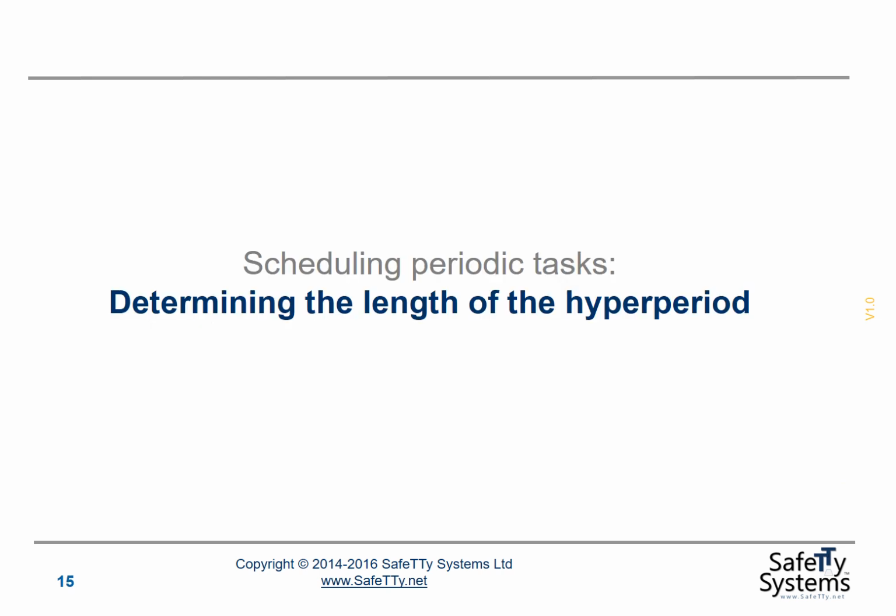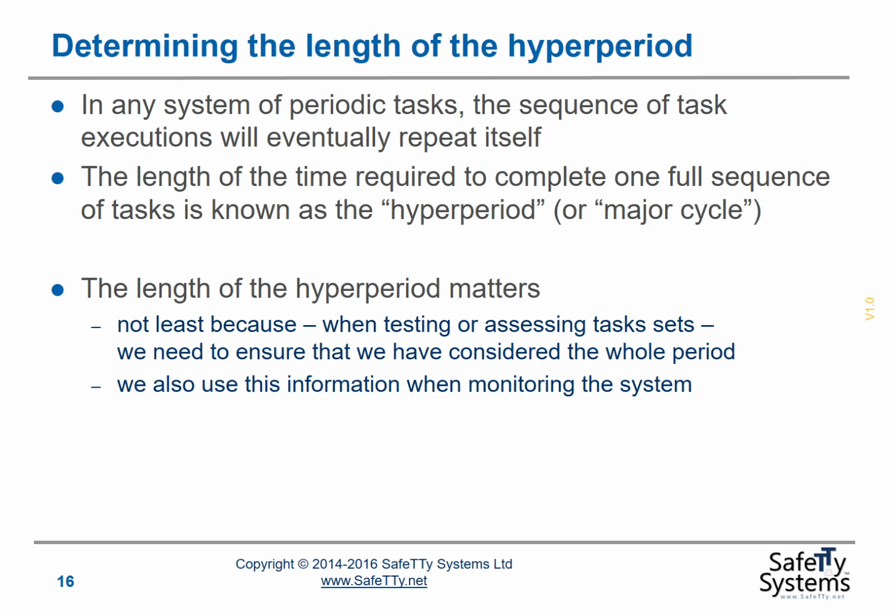Next thing we need to say is, okay, what's the length of the hyperperiod? In any system of periodic tasks, the sequence of task executions will eventually repeat itself. The length of time required to complete one full sequence of tasks is known as the hyperperiod, or sometimes called the major cycle.